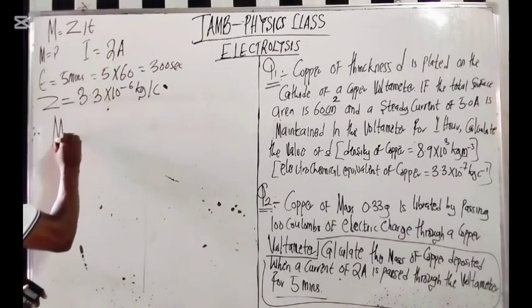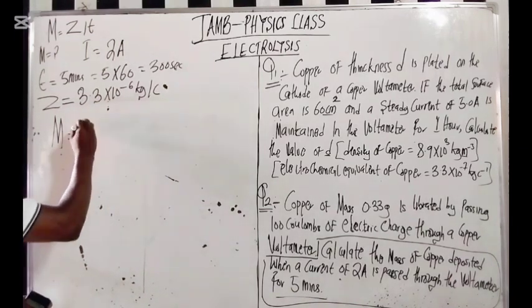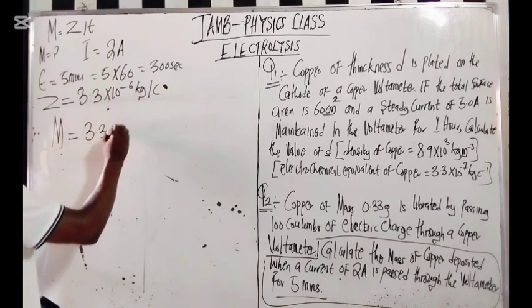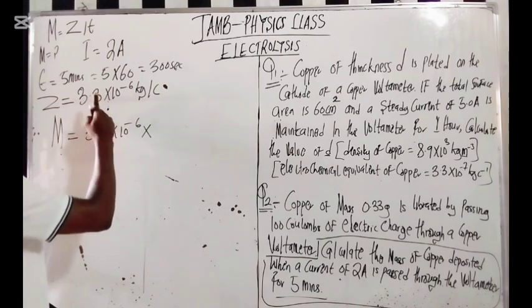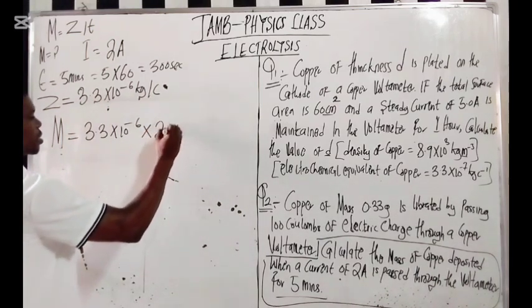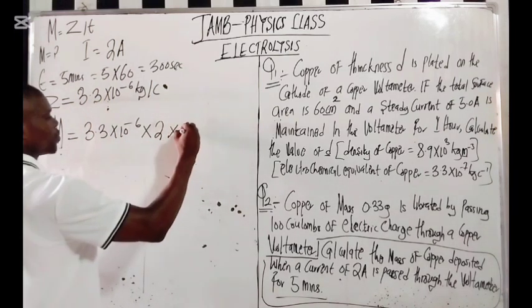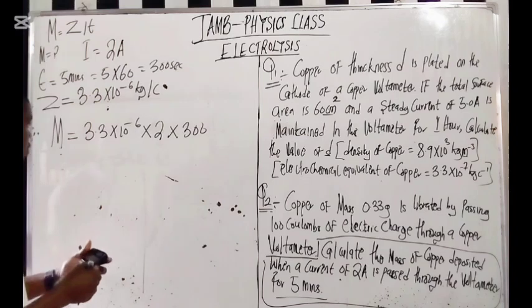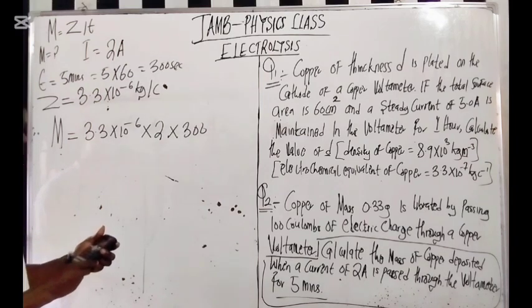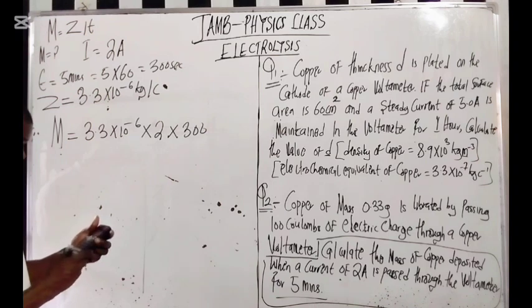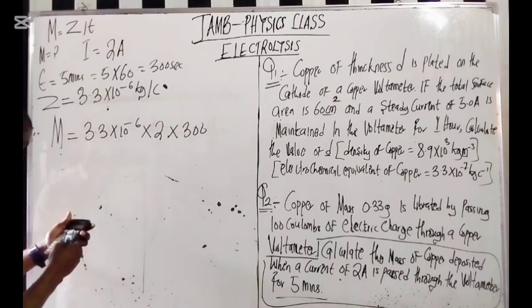I will now have M equals to 3.3 exponential minus 6 times my I, which is 2, times my T, which is 300. So you have 3.3 exponential minus 6 times 2 times 300.